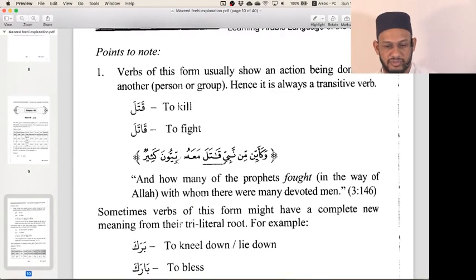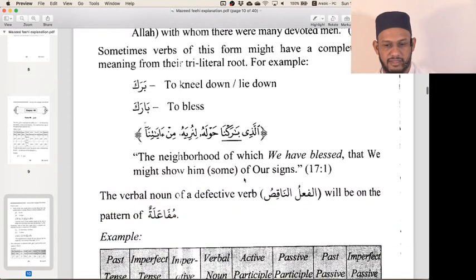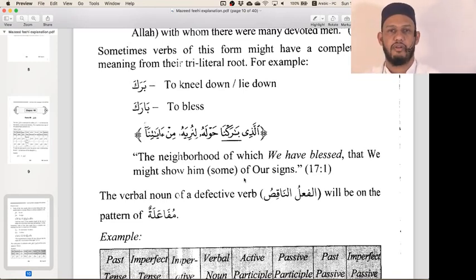Let's go back to our book. Sometimes verbs of this form may have a complete new meaning from their trilateral root. Trilateral root means from their first verb. For example, the word baraka. Baraka means to kneel down or lie down.